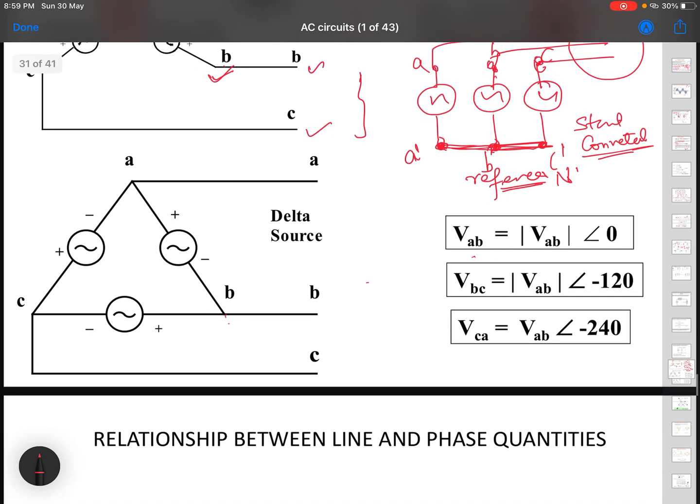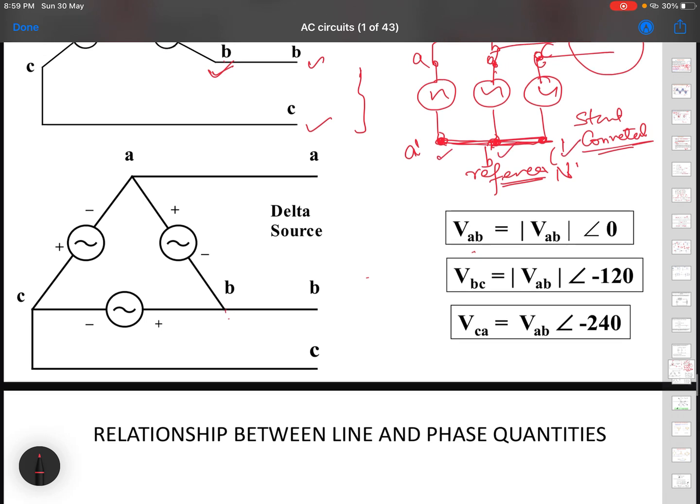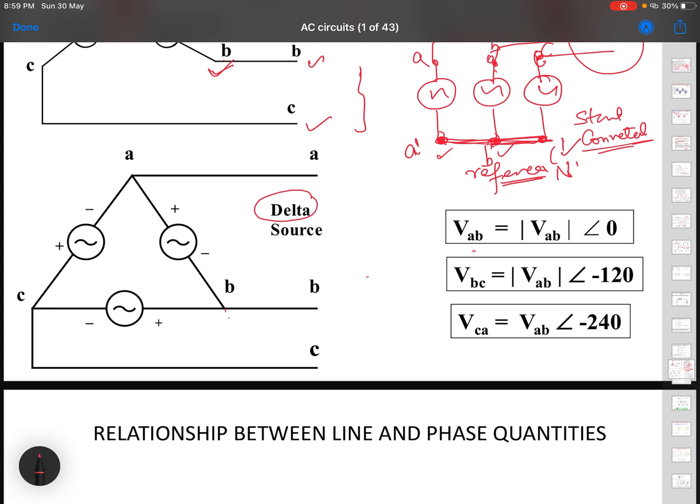Now the same three voltages A dash, B dash, and C dash could also be connected in a delta connected fashion. If you see here, this is A and this other point is A dash.